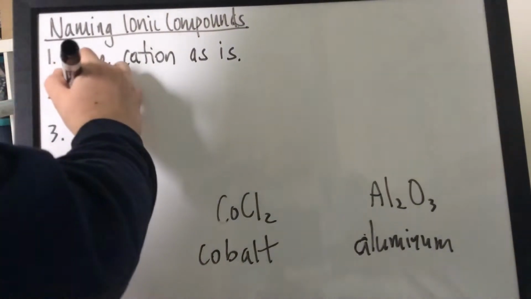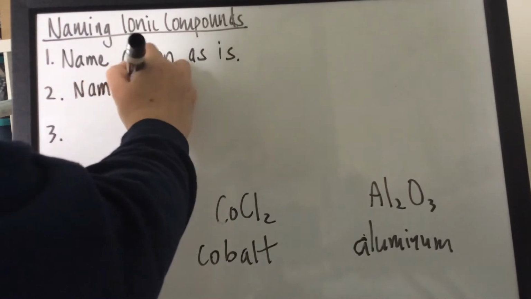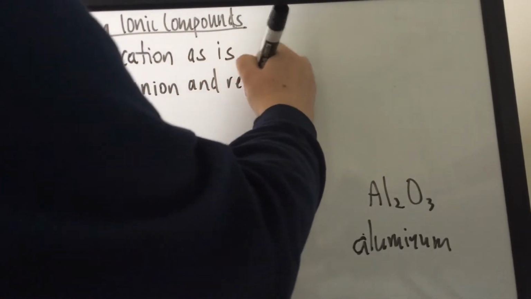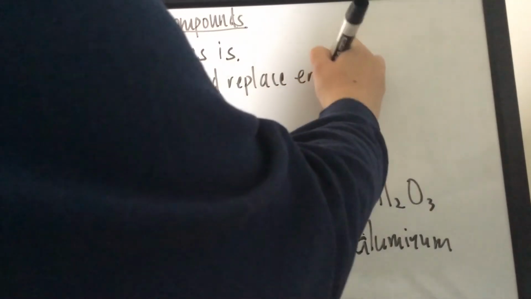All right, so the second rule is you name the anion and you replace the ending with "ide," okay, or IDE.